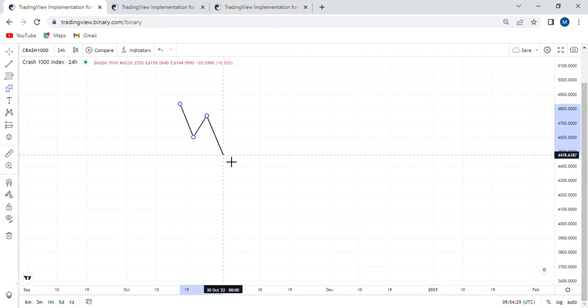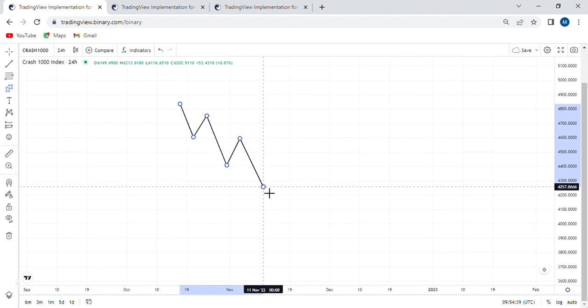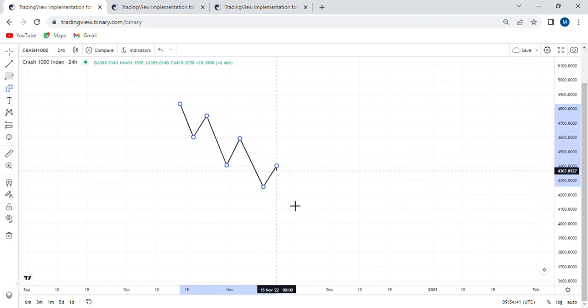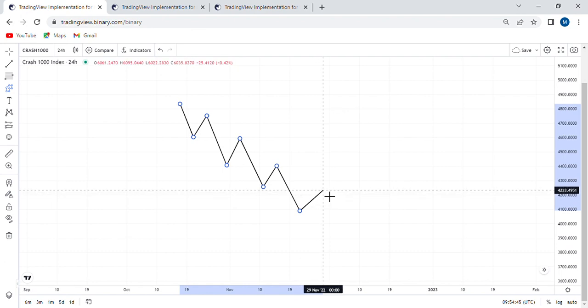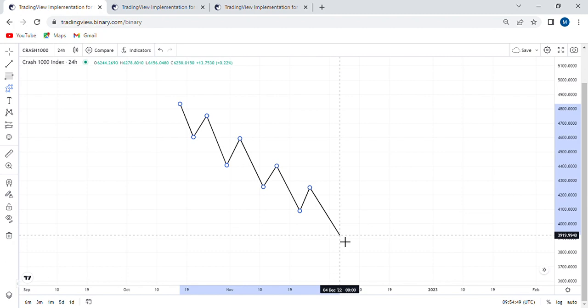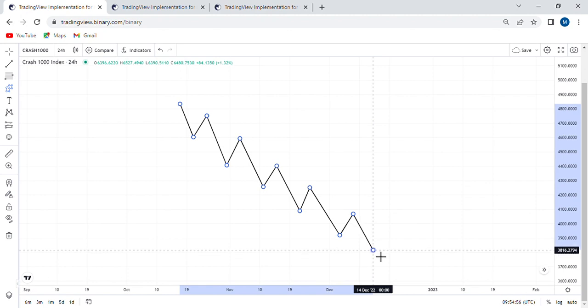It goes back to the last lower low. You have another lower low. You have a lower high. You have a lower low, a lower high. This is how a downtrend moves. Okay, this is a downtrend.